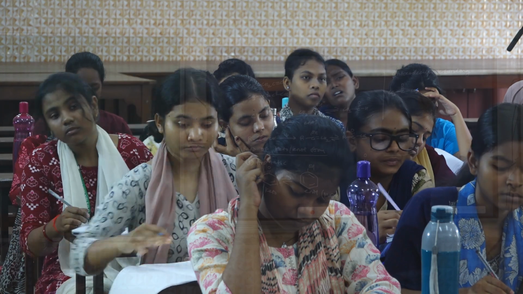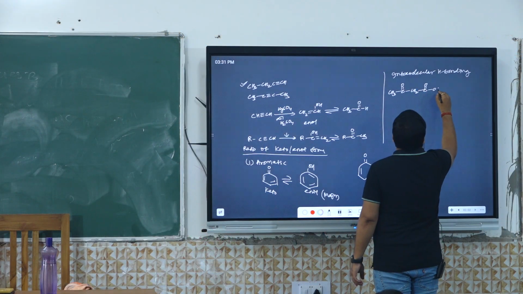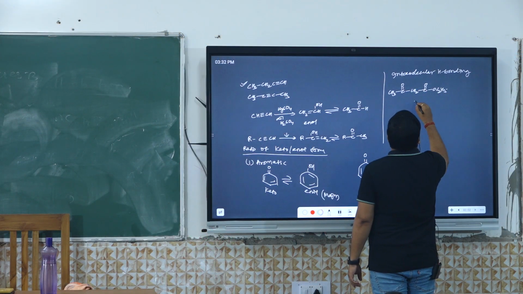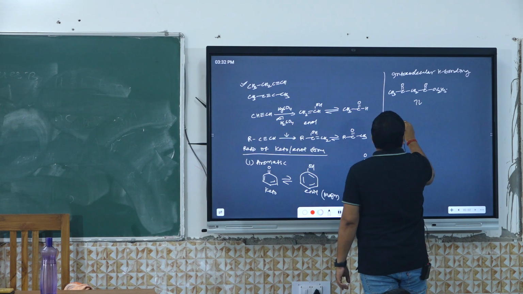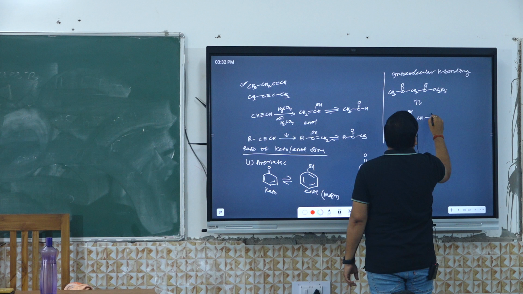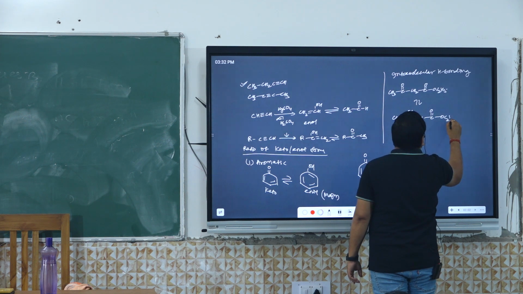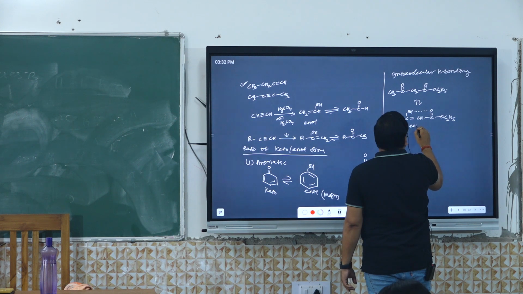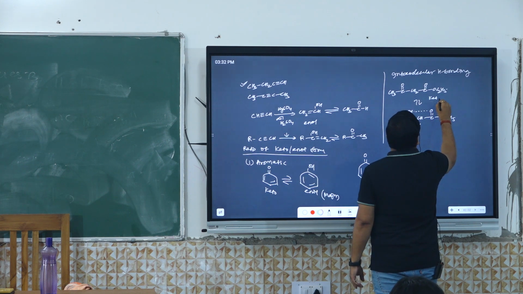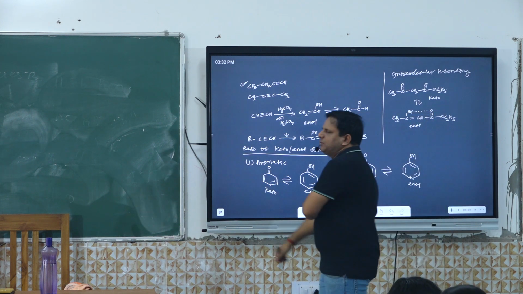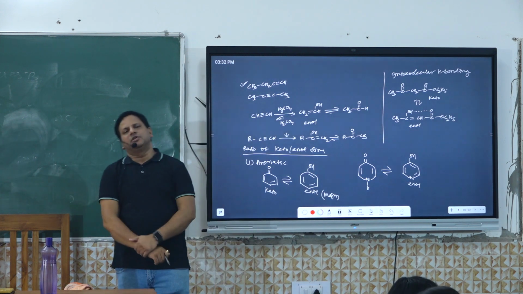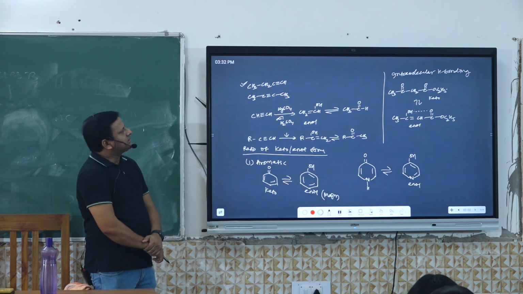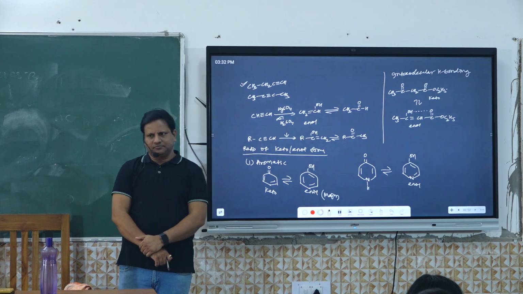Suppose you are taking this compound, its enol form is stabilized by intramolecular hydrogen bonding. So this is enol and this is keto. Which is the major product? Enol is the major product. Why? Because it is stabilized by intramolecular hydrogen bonding.